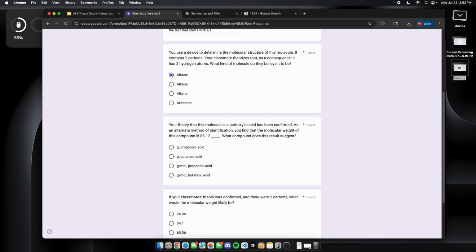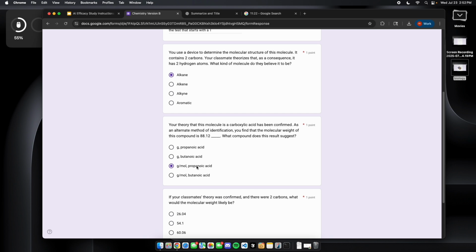As the alternate method of identification, you find that the molecular weight of this compound is 88.12 blank. Has to be, it can't be grams, it's way too big. Go propanic acid, so that's 3. No, this is 2 and then 3, right?